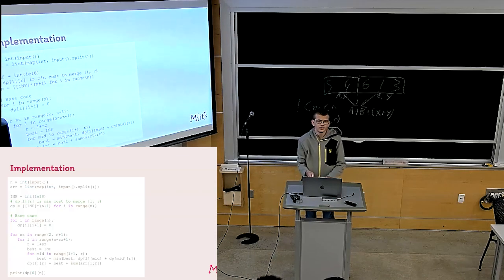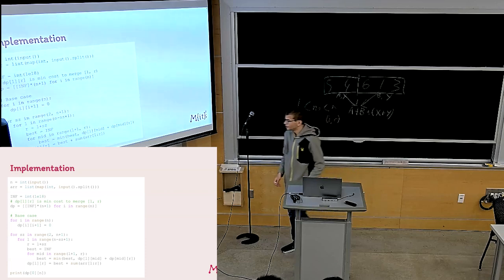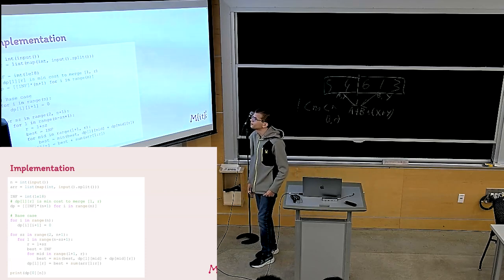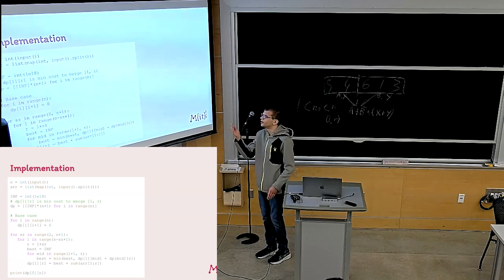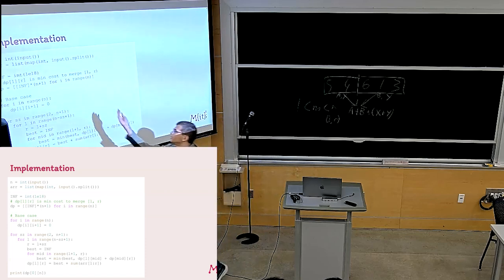Okay, and then here is my implementation for the problem. The way I implement this problem, first I have a constant for a really big number, which I call infinity.